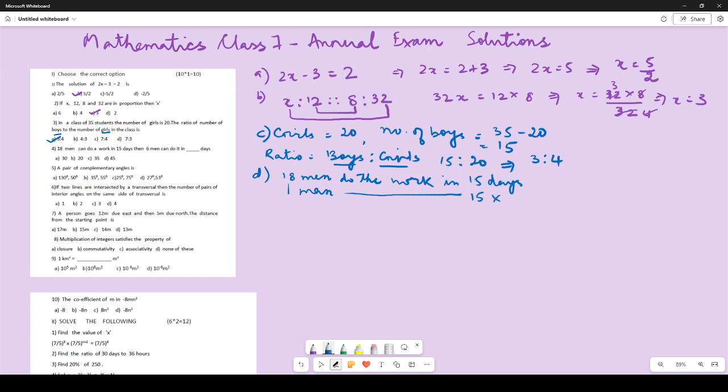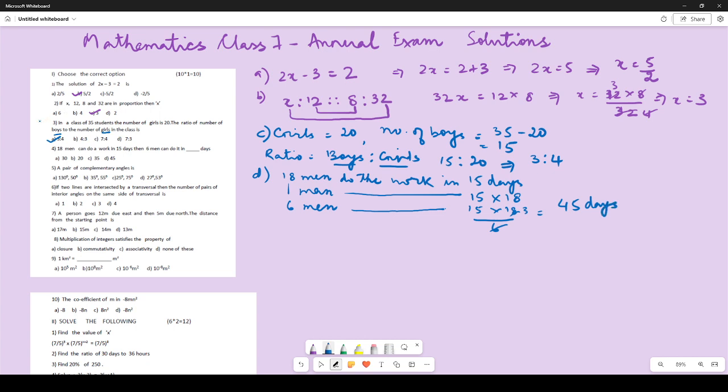So here we have to multiply it first. So one man will finish the work in 15 into 18 days. Now we have to find out in how many days 6 men will do the work. So 6 men will do the work in 15 into 18 divided by 6. That is 45 days.